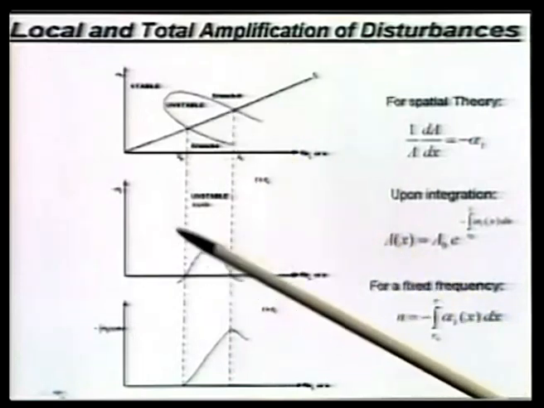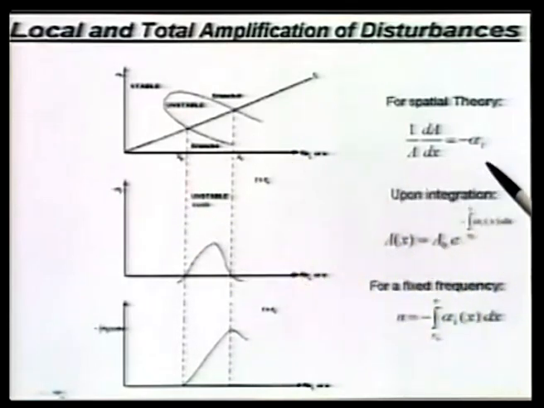increases, and that is what we have done here, because the relative growth rate is given by minus alpha I. So, if we integrate, we get A at any station x in terms of the amplitude at some reference station, A0, and e to the power of minus alpha I dx, integrated from that reference station to the current station.